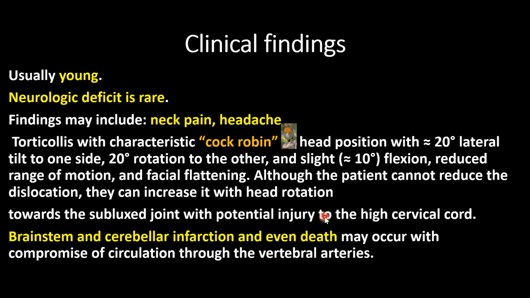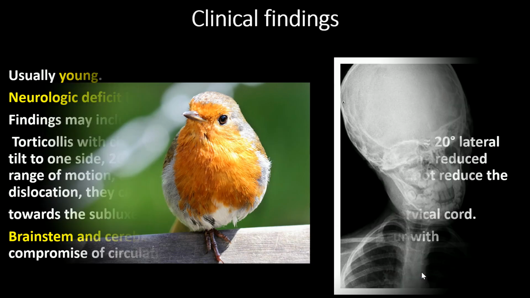The deformity, which is called the cock-robin deformity, or head position, is 20 degrees lateral tilt to one side, 20 degrees rotation to the other side, and slight flexion of 10 degrees. Brainstem and cerebellar infarction and even death may occur if there is compromise of circulation through the vertebral arteries.